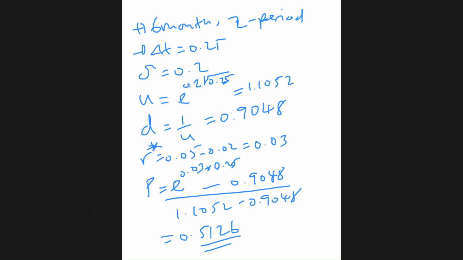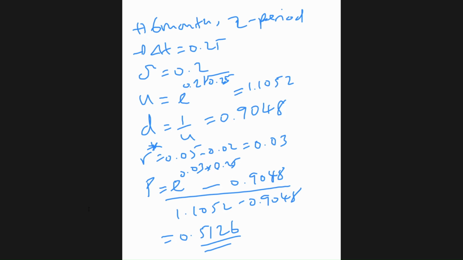So per period, the applicable unit of time is 0.25, consistent with the rest of the data, which are measured per year, like volatility and the risk-free rate.